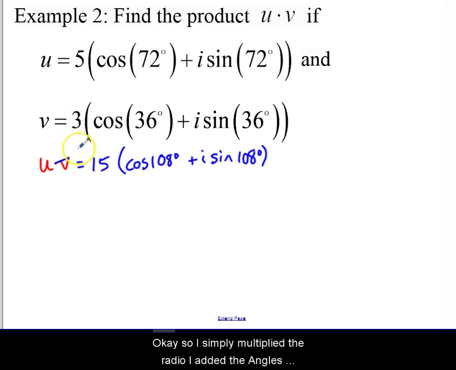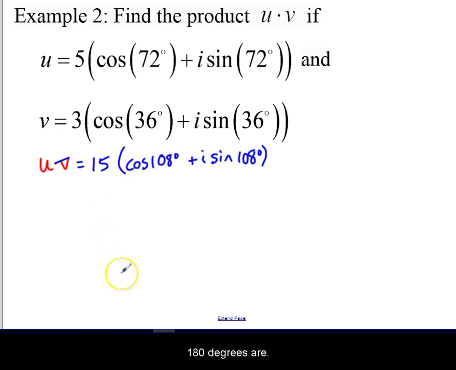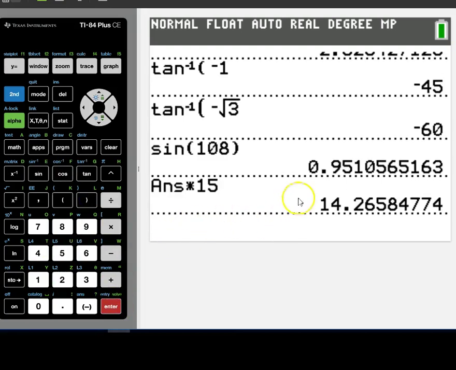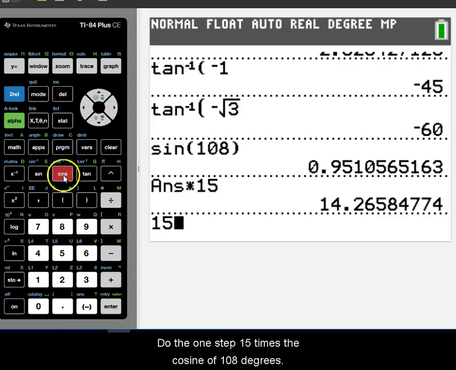Okay, so I simply multiplied the radii, I added the angles. Now I just need to find out what the sine and cosine of 108 degrees are. So the A coordinate would be 14.27. And the B coordinate would be, I can just do it in one step, 15 times the cosine of 108 degrees.